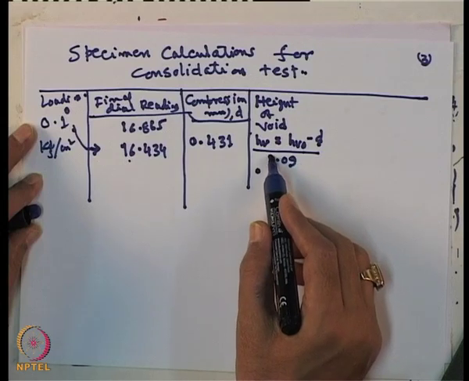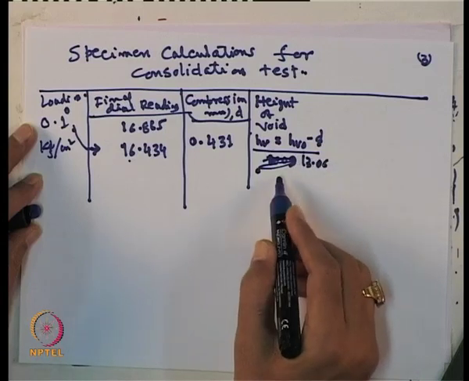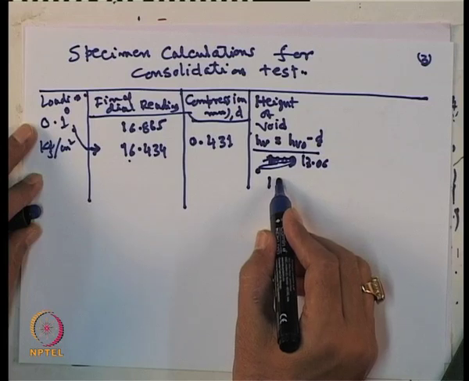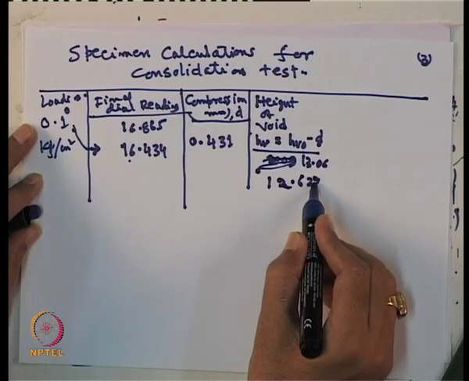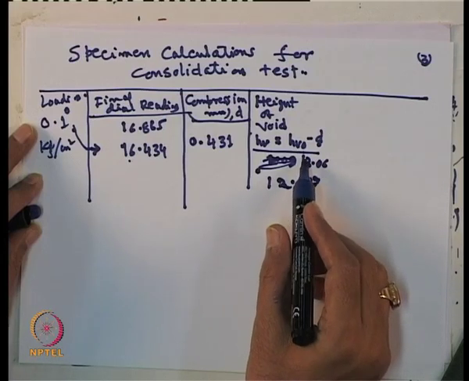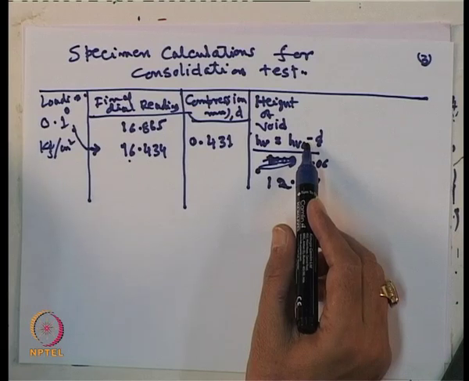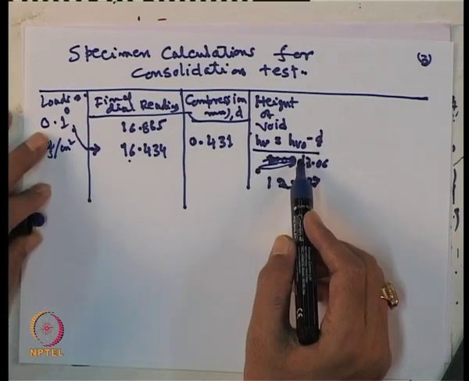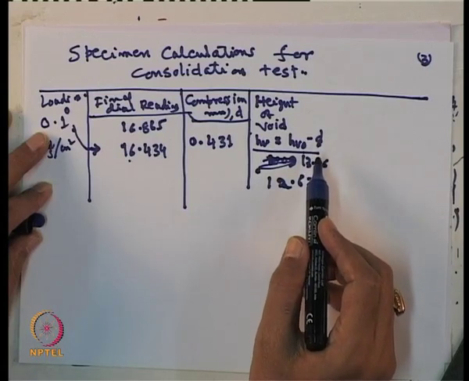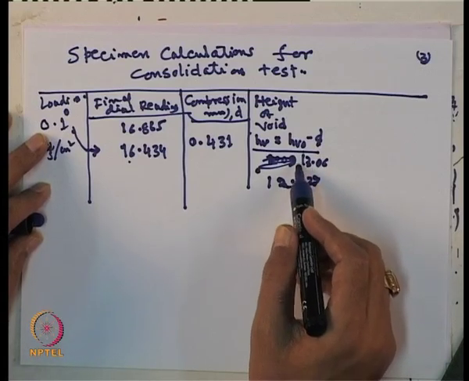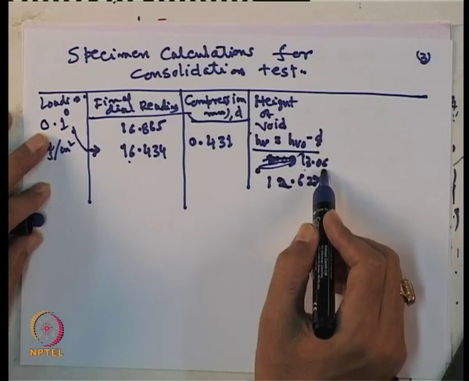That means the initial void will be 13.06, and then under the load of 1 kg per centimeter square, this is 12.629. So, this is h of v equal to h of v0 minus d. What is h of v0? H of v0 is 13.06.